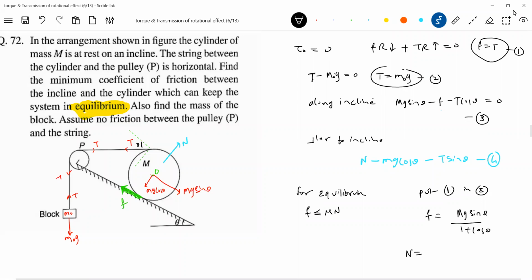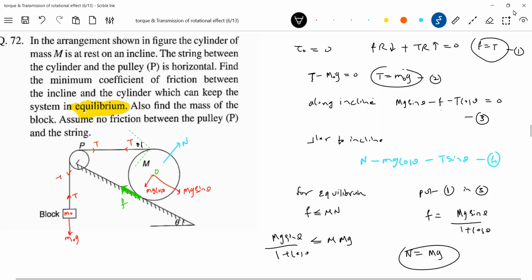Solving this, N will be mg by 1 plus cos theta, or N will become equal to mg. So substitute all this: mg sine theta by 1 plus cos theta should be less than mu mg.